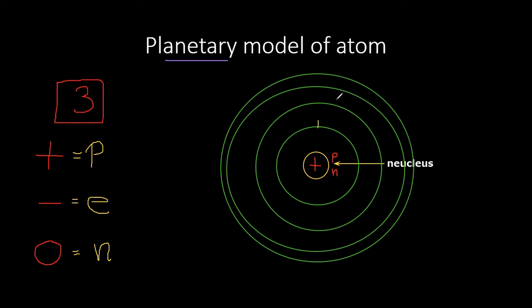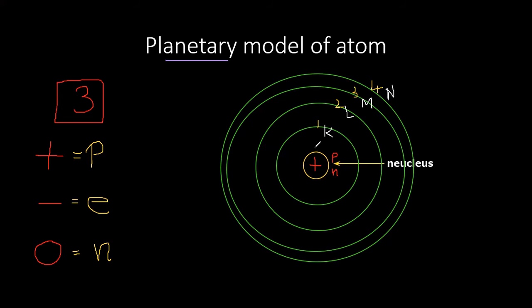From the nucleus to outside, these energy levels are called 1, 2, 3, 4, or we can give the names K, L, M and N. So K, L, M, N are energy levels, or we can call them shells.